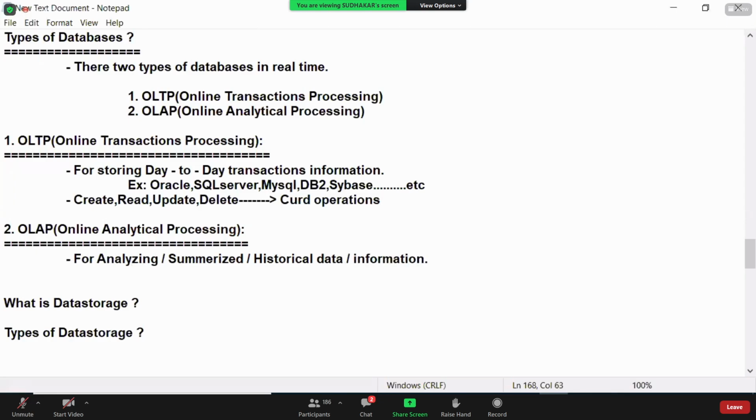So OLAP databases are used for data analyzing purposes, data summarizing purposes, and historical data storage purposes. We use OLAP for this purpose.